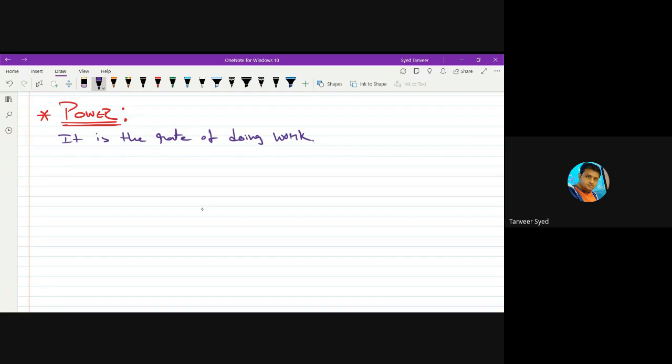Rate means with respect to time. In unit time, how much work can be done by a body. That will be its power. Okay. So power is work done by time. And the standard symbols that we use: power capital P, work W, time T. Power is work by time.